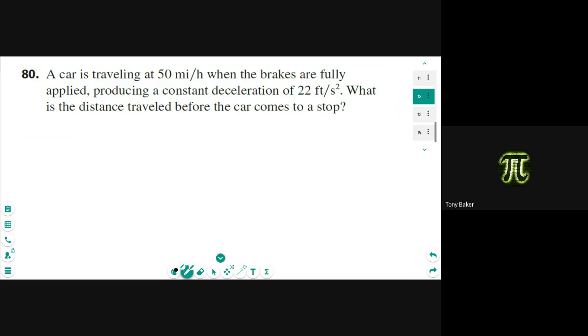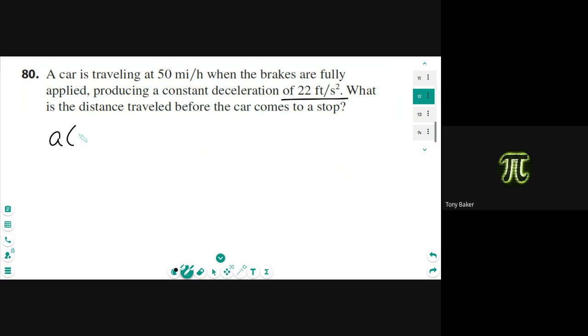All right. So what are we starting with? Well, I know my velocity is 50 miles per hour when the brakes are fully applied. I know that. But velocity is going to change over time, right? Because of the brakes being applied. So I know my brake deceleration.